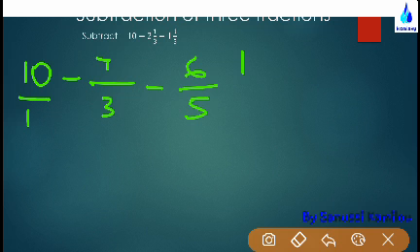We find the multiples of 1, the multiples of 3, the multiples of 5, and what is common to them, and that common number should be the least among them.